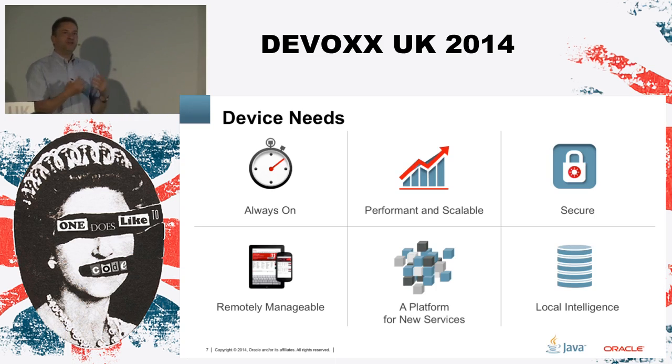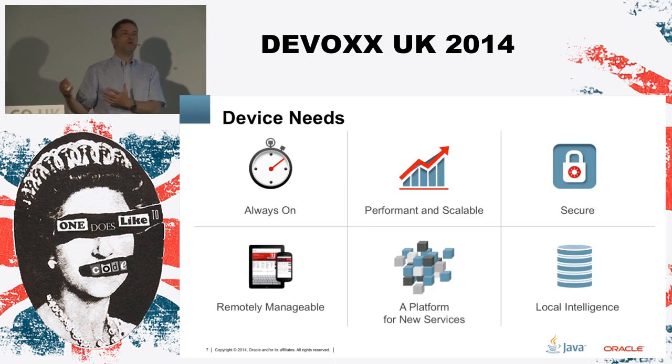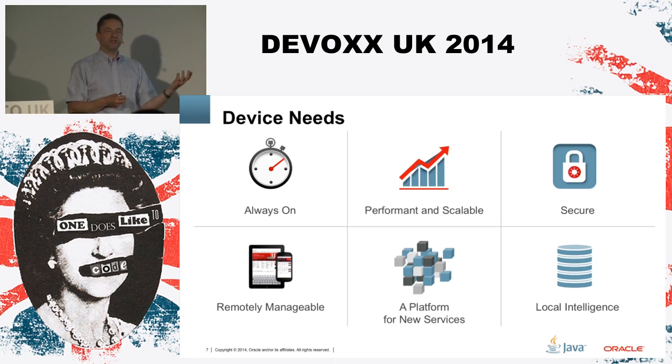If we're gathering huge amounts of data, the problem is that we can overwhelm the server, we can overwhelm the data center by having too much data. We need to be able to filter that at the device level. So we're reading lots of information, and then let's select from that the relevant data and only pass that back to the server, to the data center, so that can be processed.